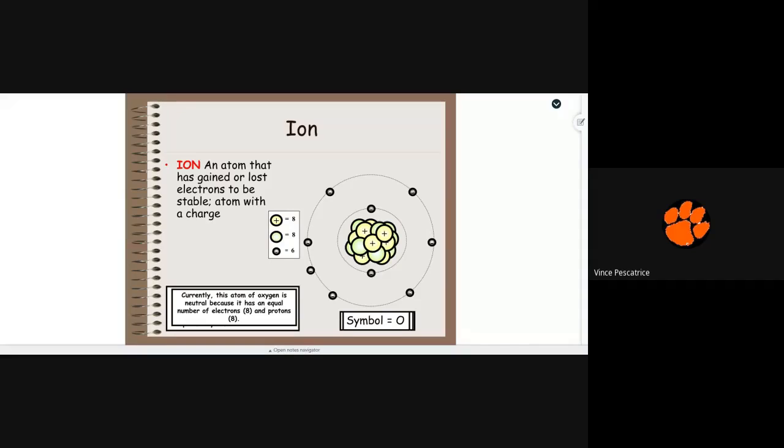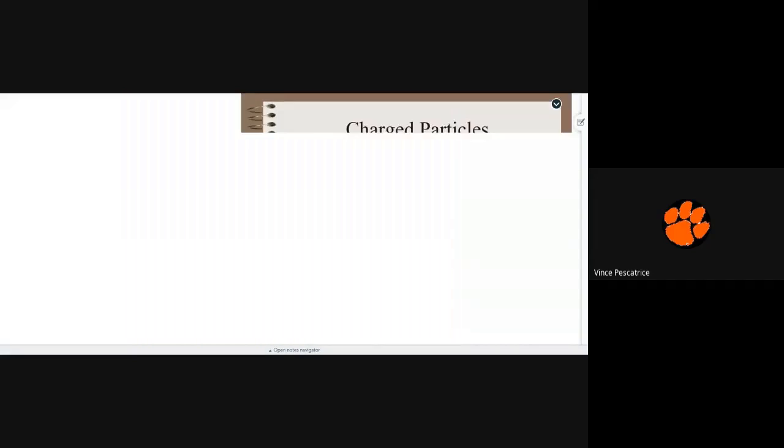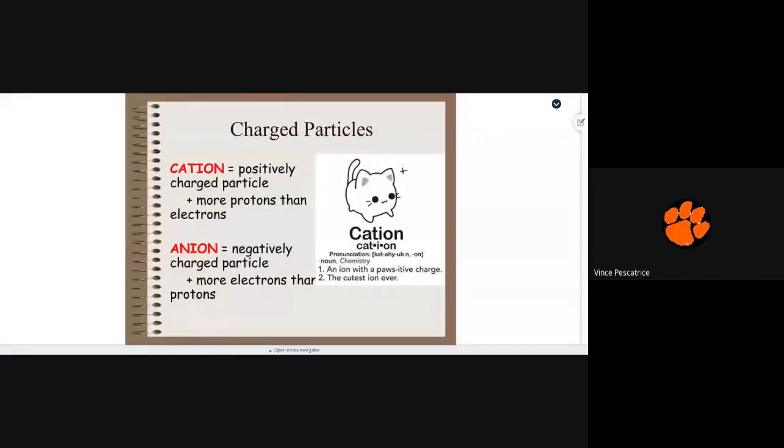So there are 2 different types of ions. One ion is called a cation. It's positively charged, and there are more protons than there are electrons. So in a cation, the atom gave away electrons and became positive because now it has more protons than it has electrons.